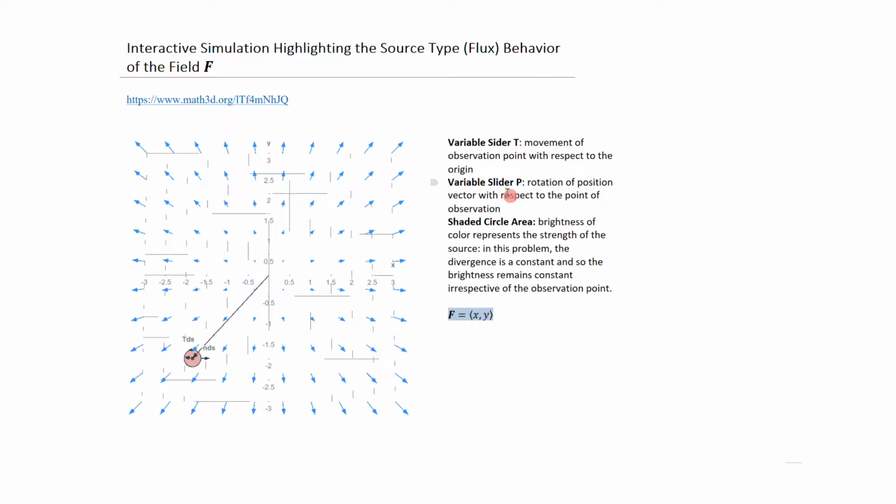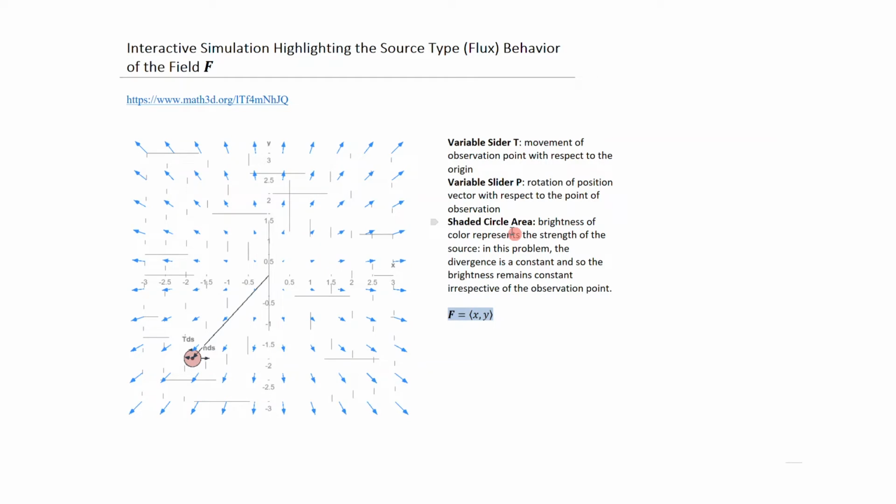The variable slider P is the rotation of this position vector. This is a little arrow that just goes in a circle and maps out different points as you move around the circle. This is the unit tangent vector times the differential arc length that you see here, and this is the normal component, again pointing to the right. By convention, if you traverse in a counterclockwise direction, the normal points to your right.